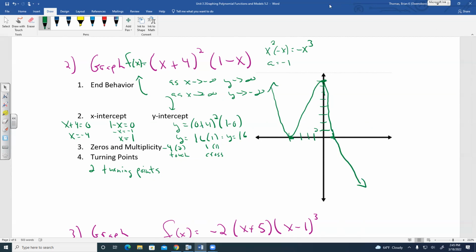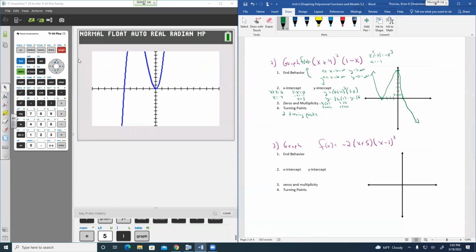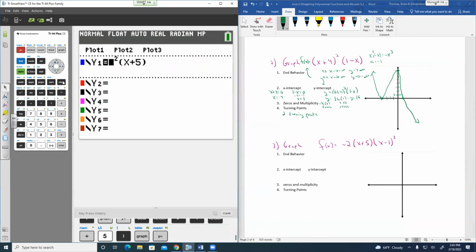So if we look at the graphing calculator, y equals, and clear this off, we have (x plus 4) squared times (1 minus x).